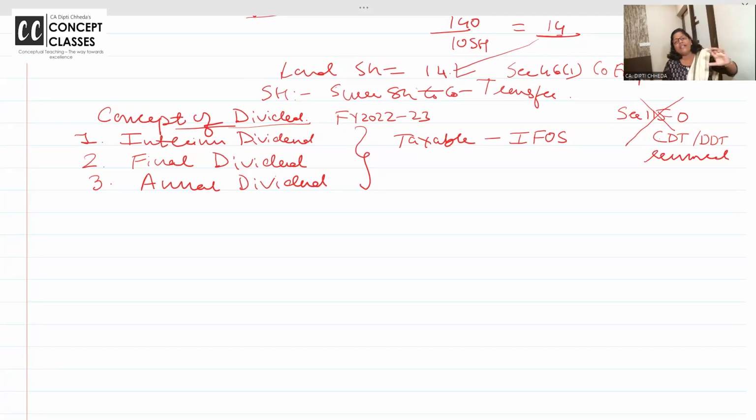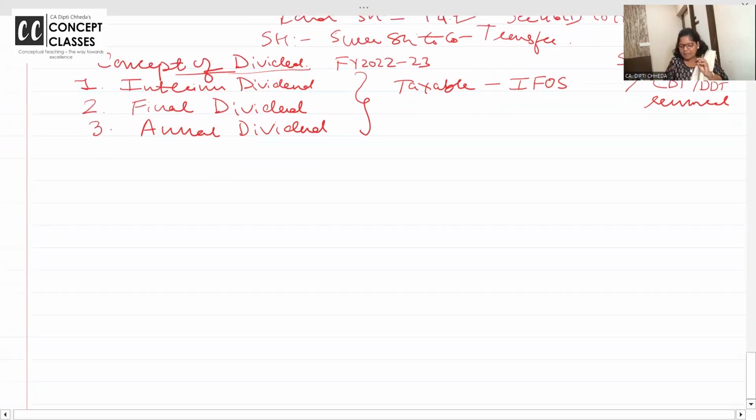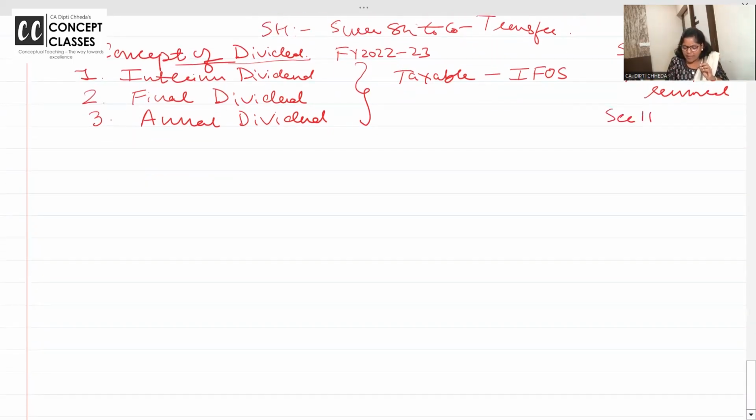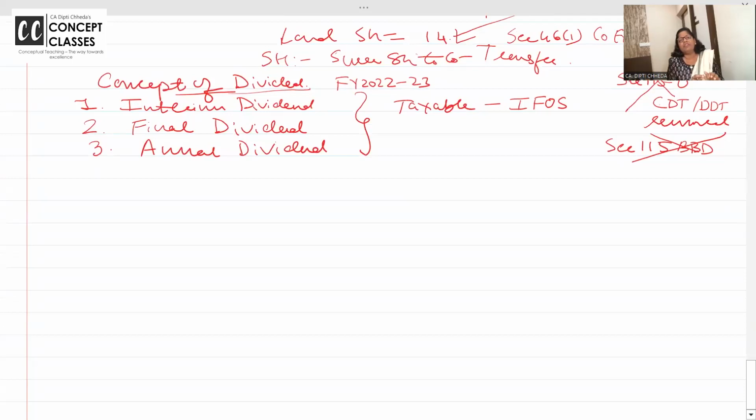So now all the kind of dividend, whether it is received from mutual fund, Indian company, foreign company, even that specified foreign company, more than 26% of shares, 115BBD, that was like some special kind of dividend, that is also removed. In short, any kind of dividend received by the shareholder is taxable in their hands as income from other sources.